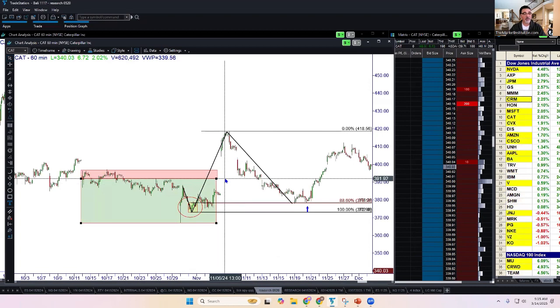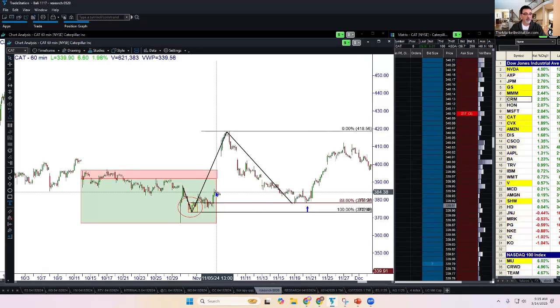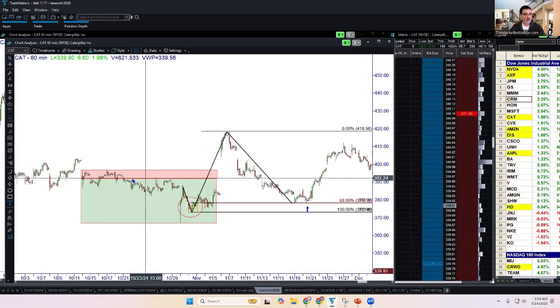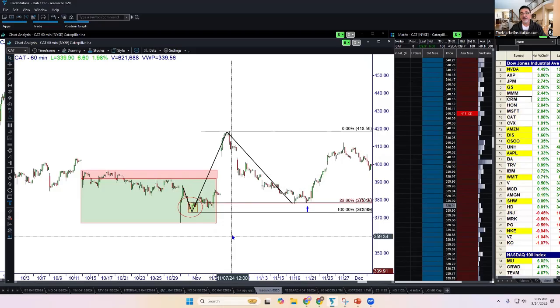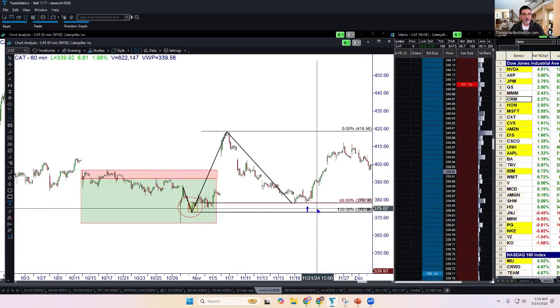Gaps often represent the strongest order imbalance, okay? So the fact that price gapped right through all of these sellers tells us that there are leftover unfilled orders here. The precision of the measurement is quite impressive.